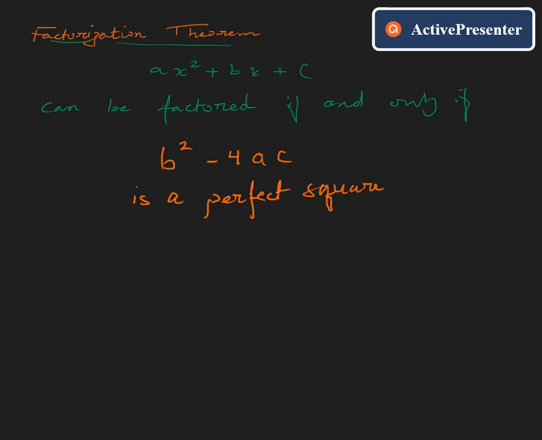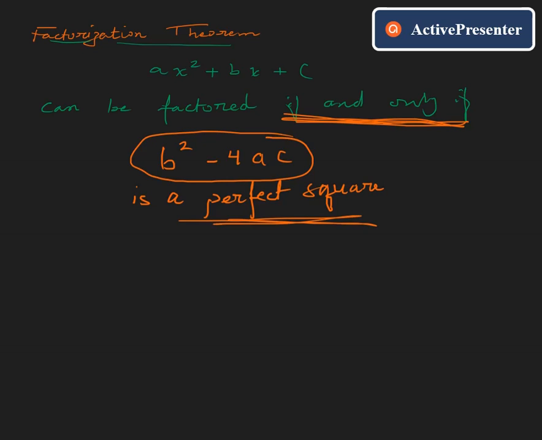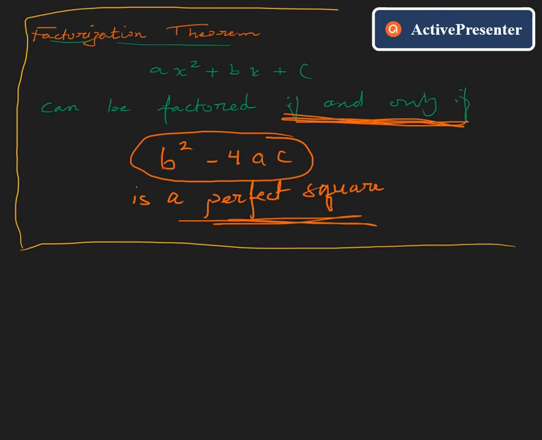This is the Factorization Theorem. So whenever you have a trinomial, if b squared minus 4ac is a perfect square, then the trinomial can be factored.